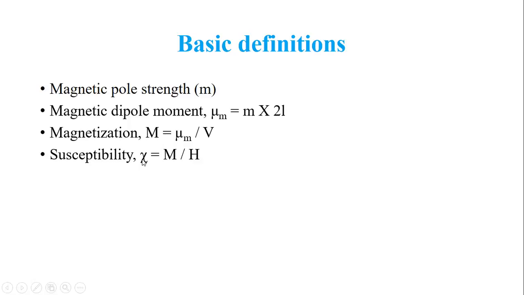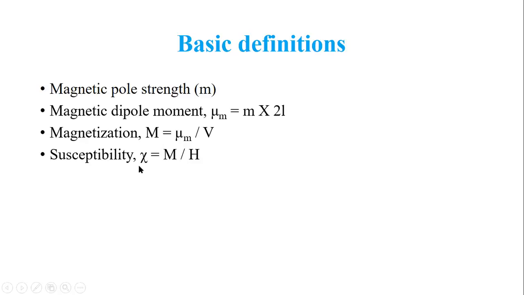Again, if there are two materials, say material 1 and material 2, I apply the same amount of field H on both the materials. Now, material 1 gets magnetized to a greater extent, material 2 gets magnetized to a lower extent. Then in that case, I say that material 1 is more susceptible to the magnetic field.